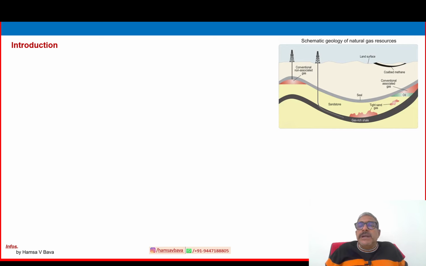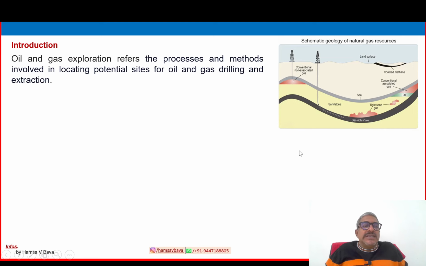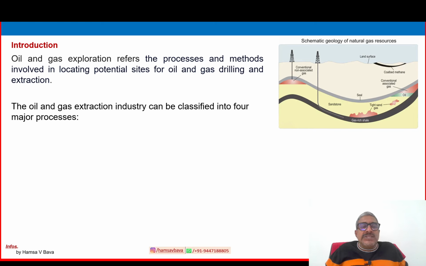Introduction. You can see here on the right side there is a schematic picture. It is explaining that oil and gas exploration refers to the processes and methods involved in locating potential resources for oil and gas drilling and extraction. The oil and gas extraction industry can be classified into 4 major processes.